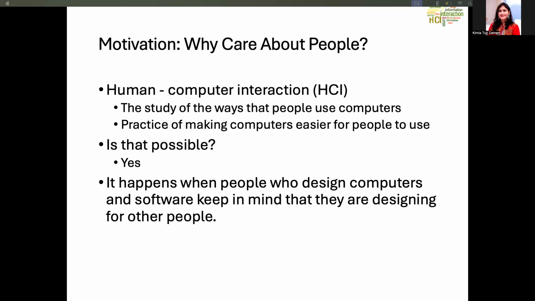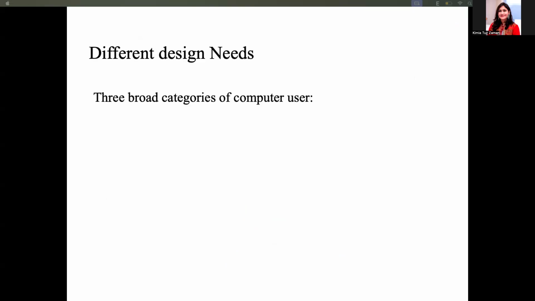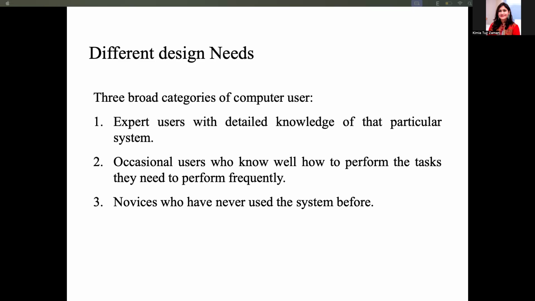At the end of the day, HCI is about caring for users. People are not just system operators, they are learners, workers, patients, gamers, etc. There are different design needs, and we can divide the broad categories of computer users into three: the experts, the occasional users, and the novices.